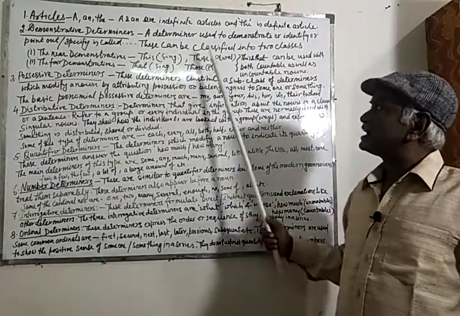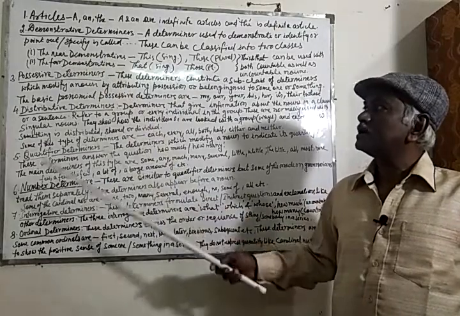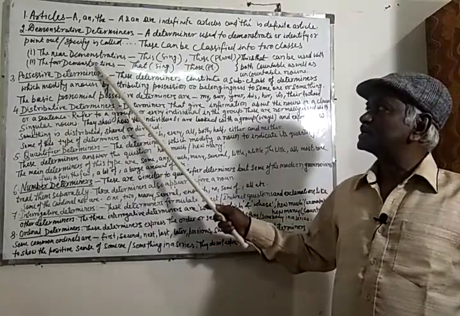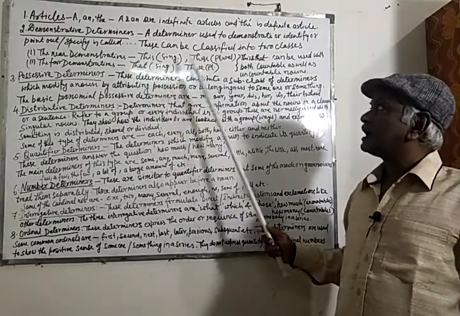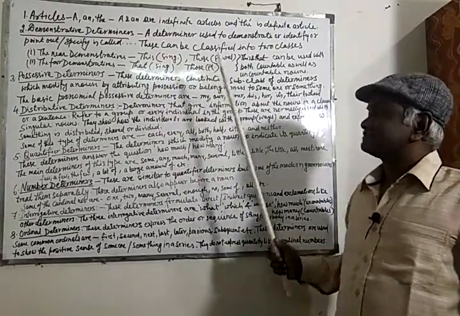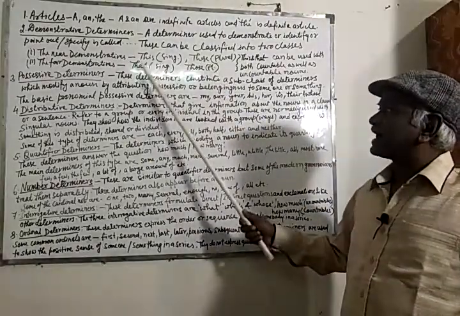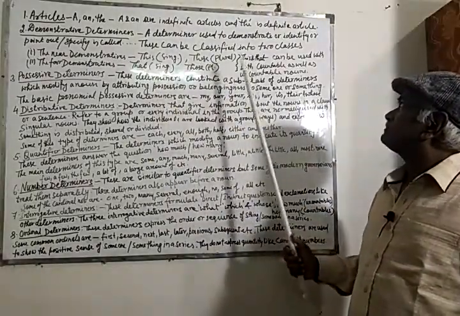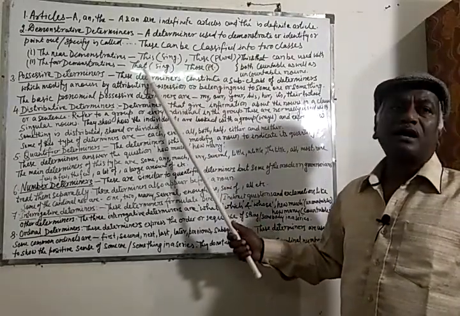So this and these are the near demonstratives, and the far demonstratives are that for singular and those for plural. Remember here, this and that can be used with both countable as well as uncountable nouns.